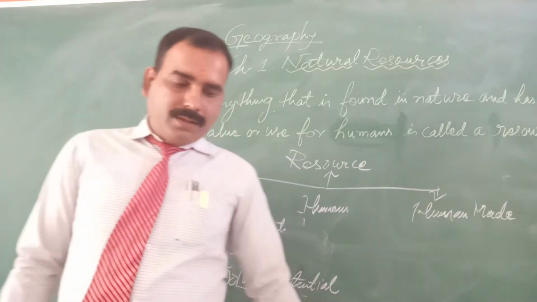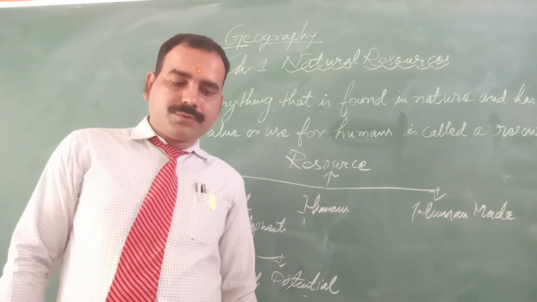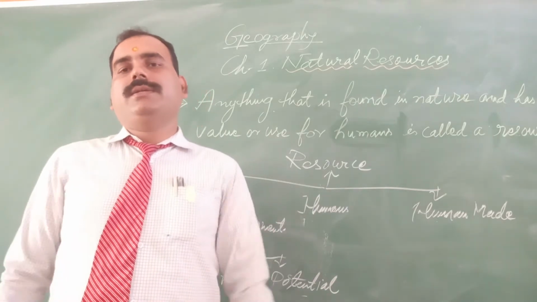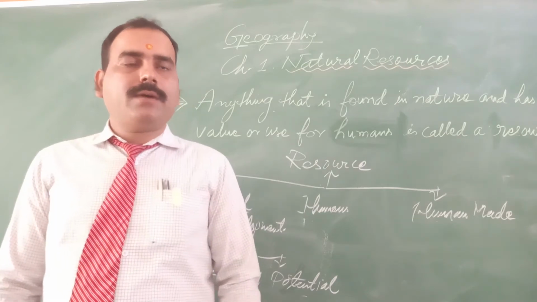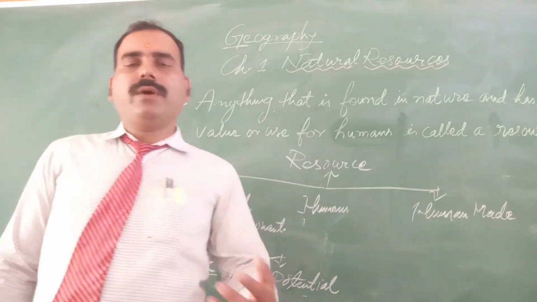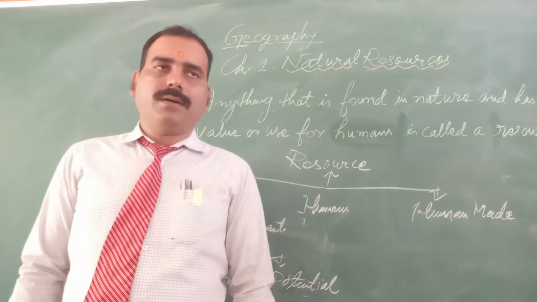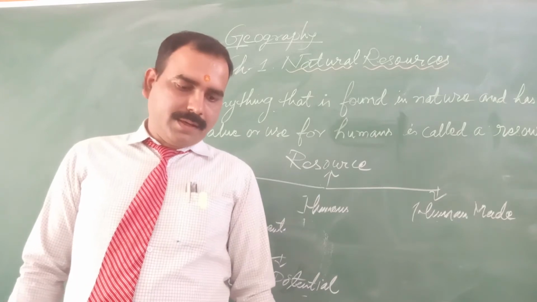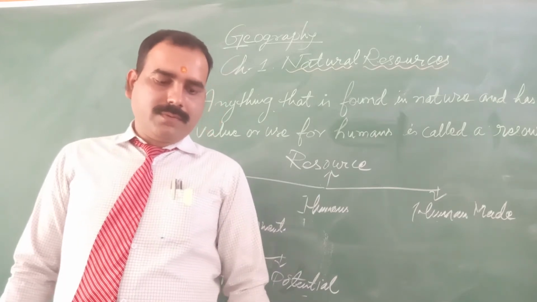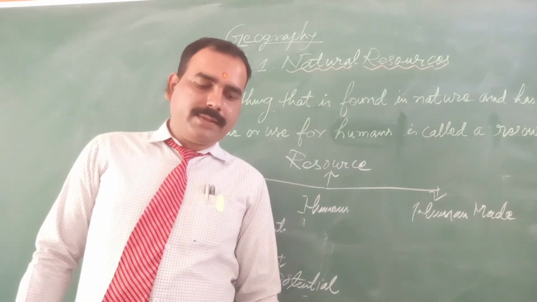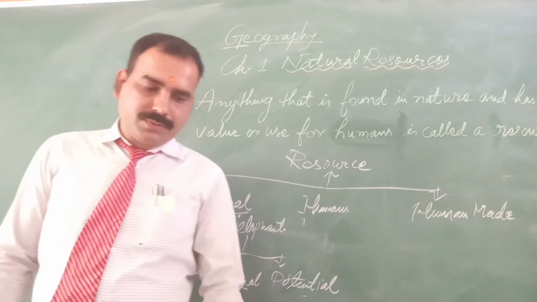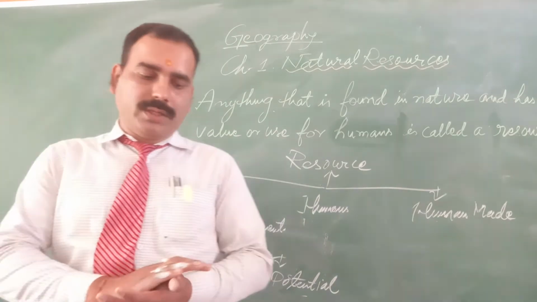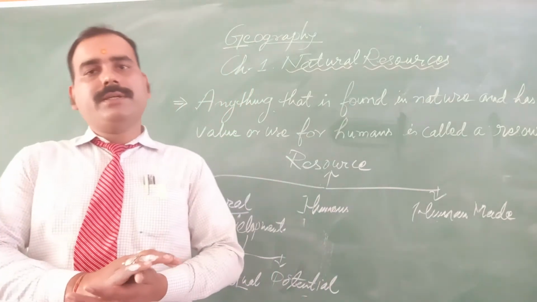Let's study actual resources. Resources whose quantity and quality are known to us are known as actual resources. That is, the things whose quantity and quality we are aware of or familiar with are known as actual resources.